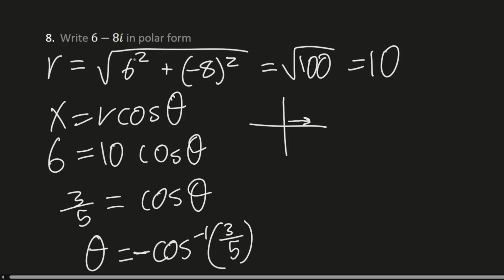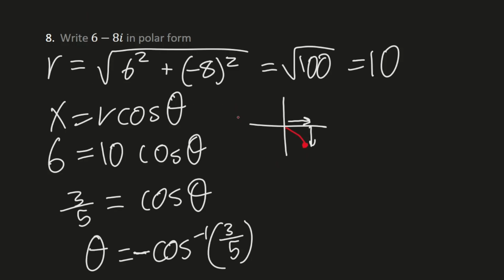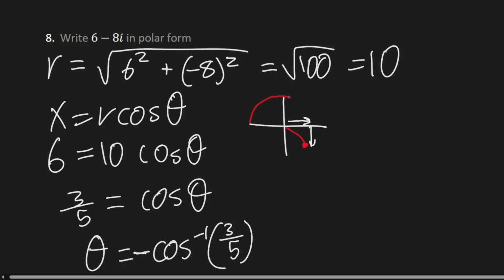But then our imaginary part is negative, and so we're going to end up somewhere in quadrant 4. However, we know that the range of inverse cosine is only going to be between 0 and pi, and so we'll only output an angle that is in this range here. But our angle that we want is this.